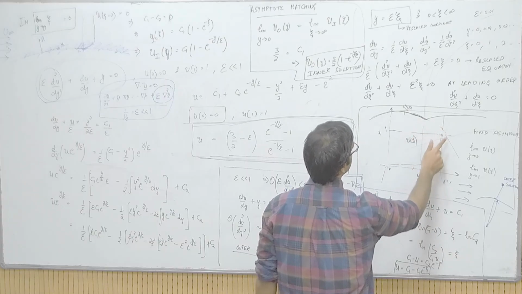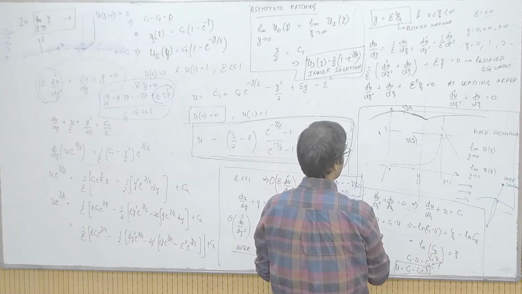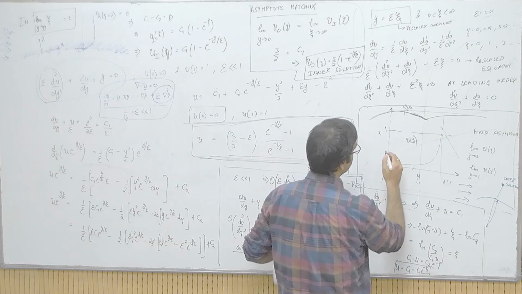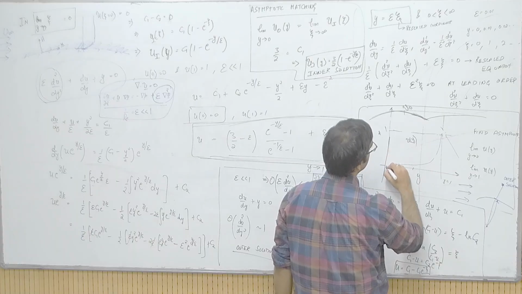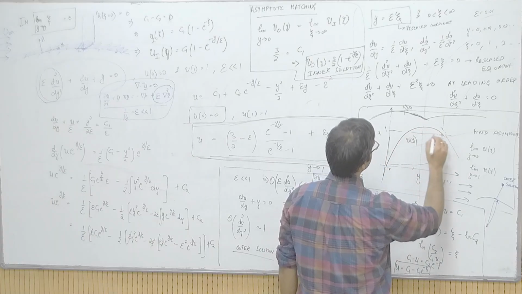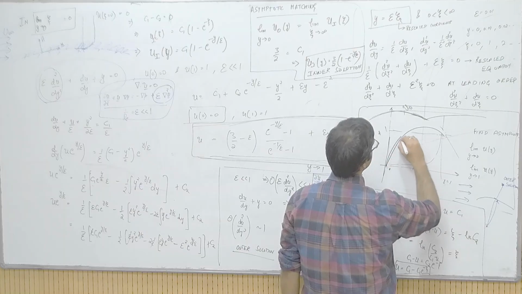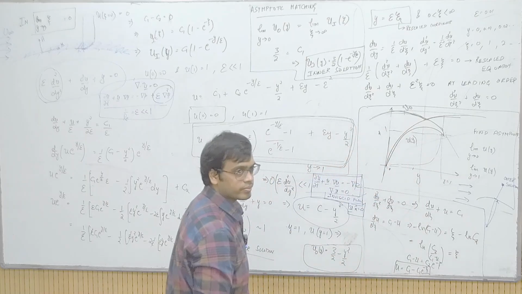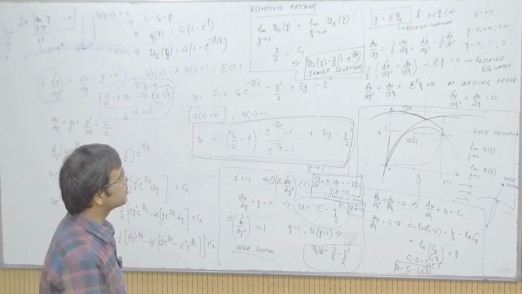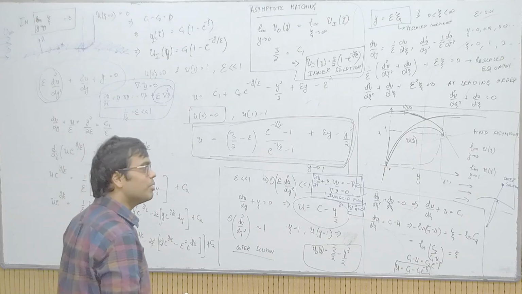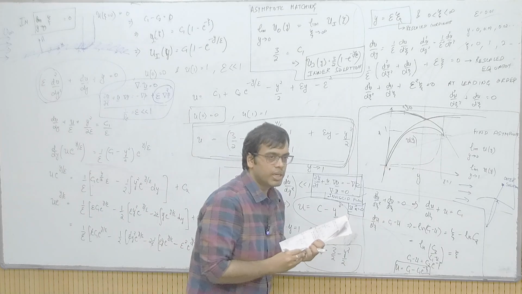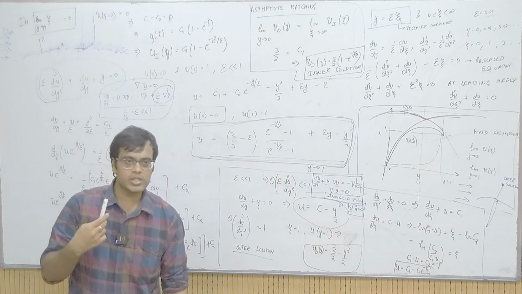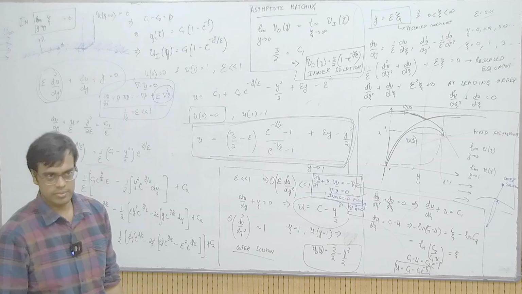If you go ahead and plot them in MATLAB or Python, you will see that this is your analytical solution, this is how this looks, and this is how this looks. In the middle, we can't evaluate. So in the middle, you are approximating the solution with some error.